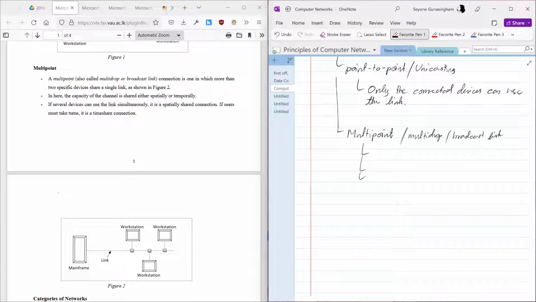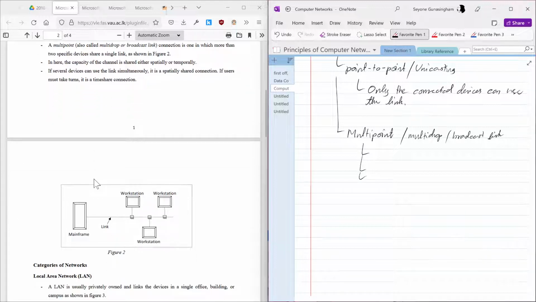So each device can get like a third of the bandwidth, right? Anyway, it's less than if it were a unique link, in which case one guy can just directly send the stuff to the other guy, and everyone's happy. But that's not how it works. So yeah, multi-point networks.